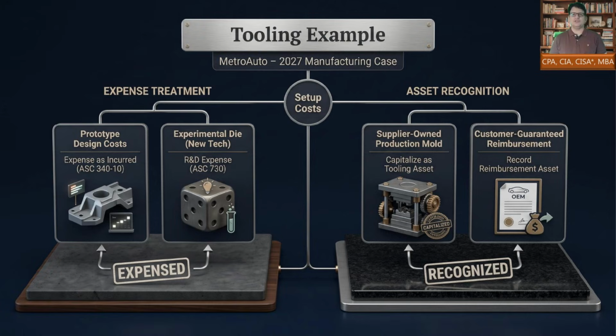A new technology experimental die is treated as research and development expense because ASC 730 applies first. A customer-guaranteed reimbursement is recorded as an asset when the guarantee is non-cancelable, legally enforceable, and reliably measurable. Same project, different costs, different accounting treatments.